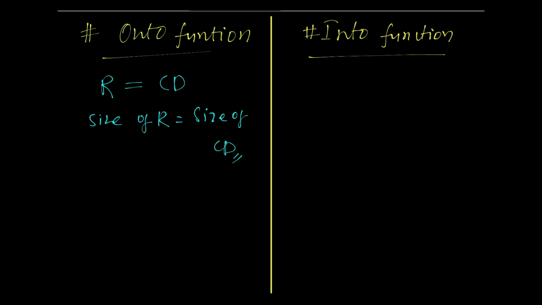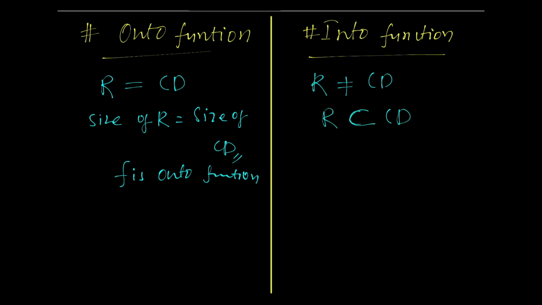Then we can say the function f is an onto function. If it is not possible, which means the range is not equal to the codomain, the range could be a subset of the codomain but is never equal to it. In such cases the size of the range is not equal to the size of the codomain.